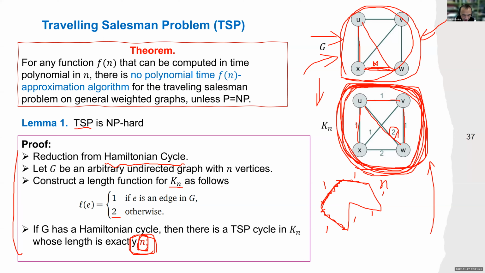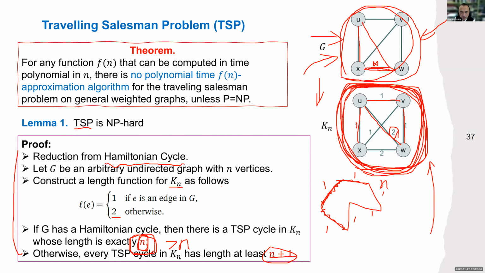If my solution is larger than n, then I can tell you your original graph does not have a Hamiltonian cycle. So that's the one-to-one correspondence. If you don't have the Hamiltonian cycle, then in your constructed instance, your TSP has a length of at least n+1, because n is no longer reachable.